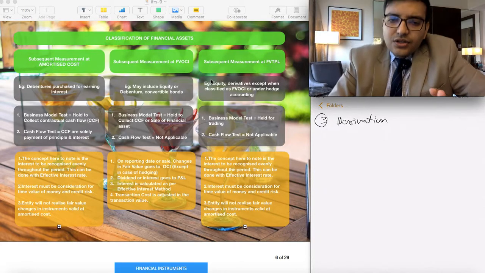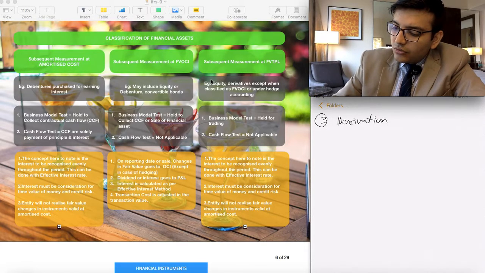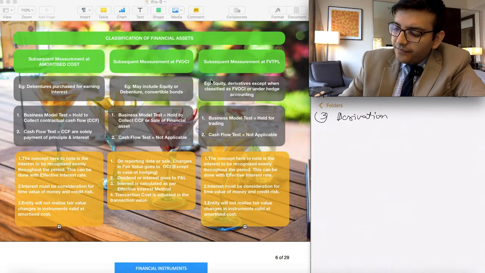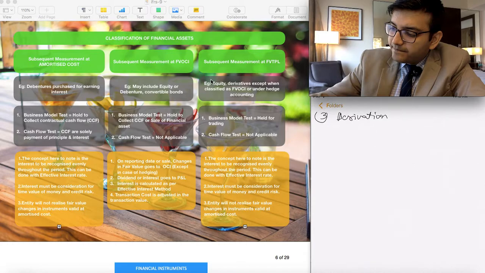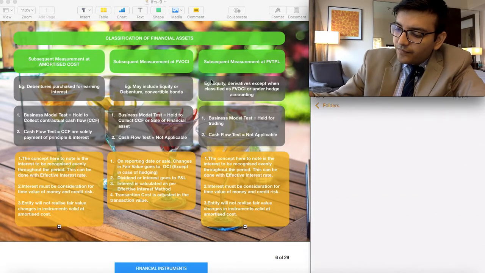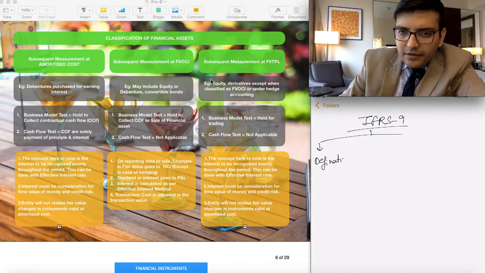Now let us understand the whole picture of IFRS 9. So basically in IFRS 9, first we have gone through the definitions, right?